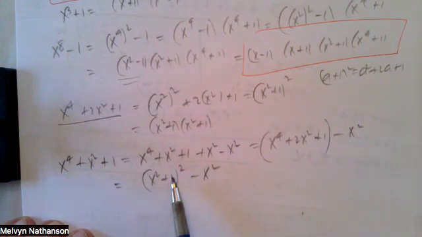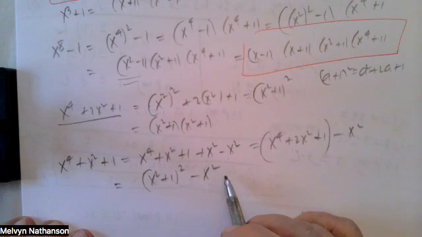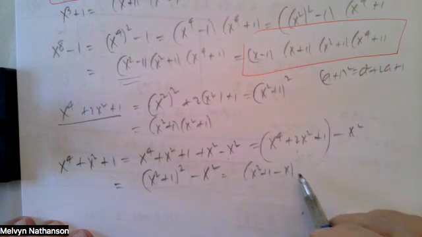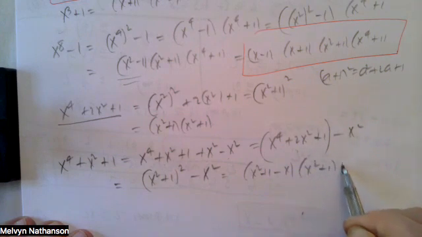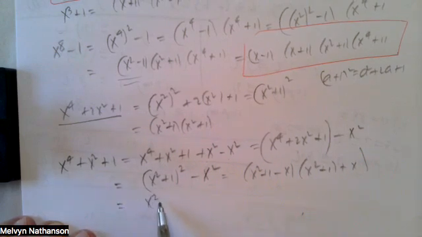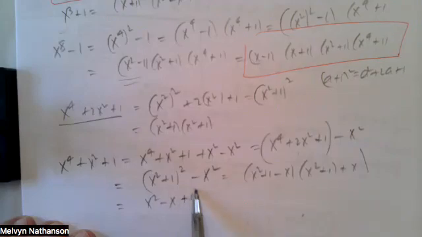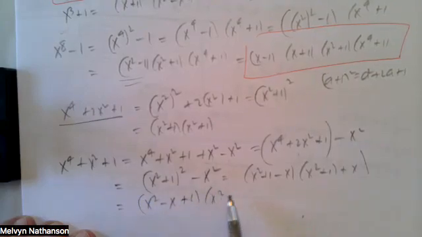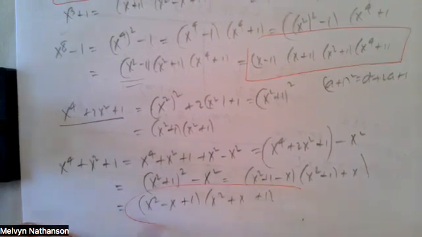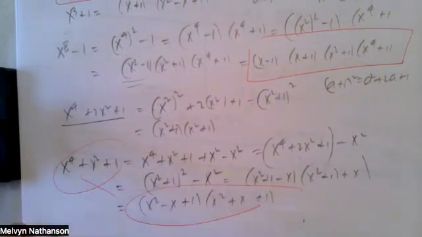So this is the same as x squared plus 1 minus x times x squared plus 1 plus x. Or if you want to put these in the usual order, this is x squared minus x plus 1 times x squared plus x plus 1. And this, miraculously, is the factorization of that.